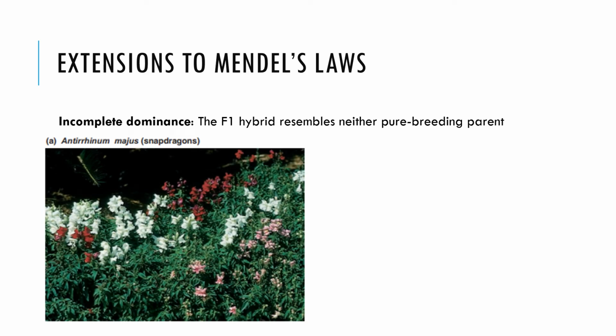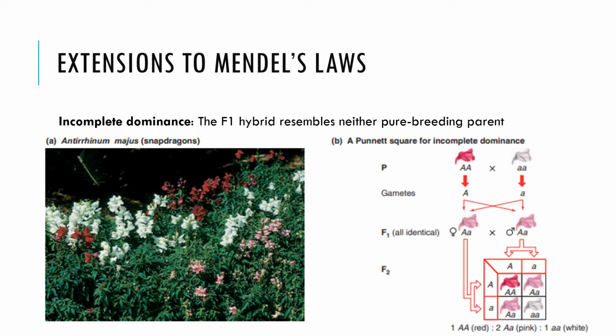In incomplete dominance, the first filial hybrid resembles neither pure breeding parent. The figure shows the pink flowers, which are the result of incomplete dominance, in the Antirrhinum majus or snapdragons. In Figure A, color differences in these snapdragons reflect the activity of one pair of alleles.